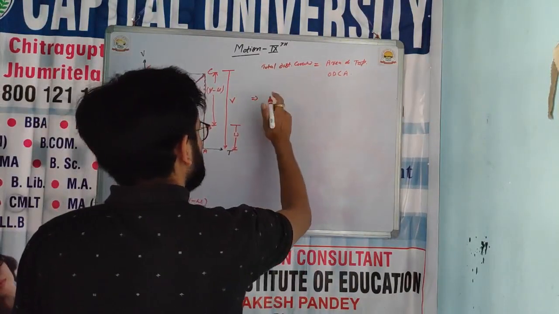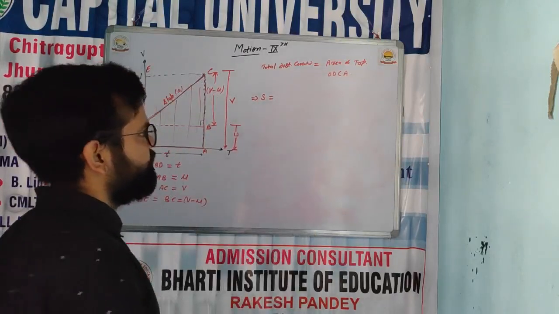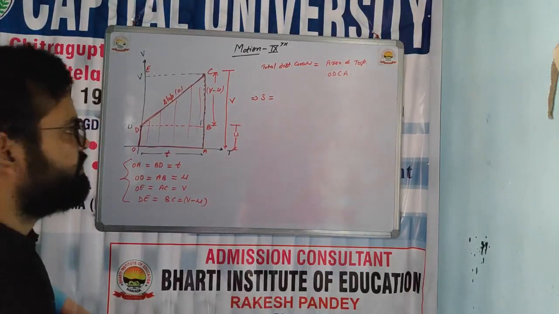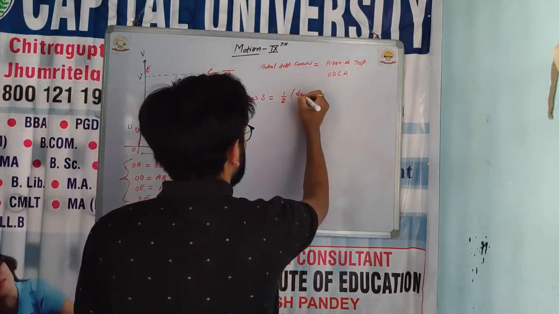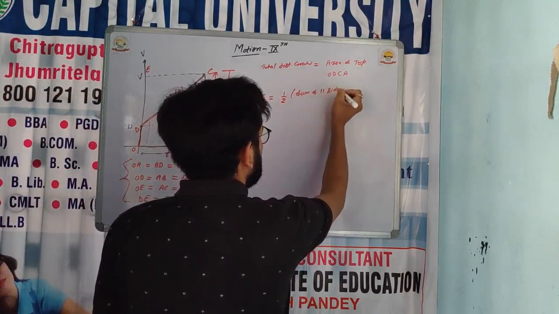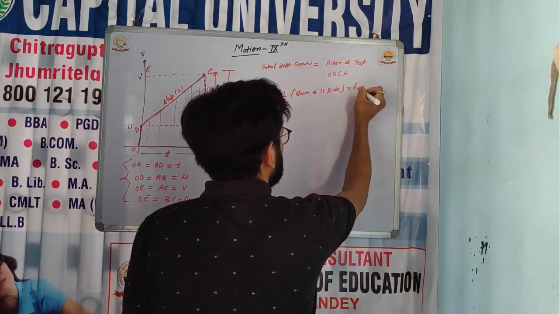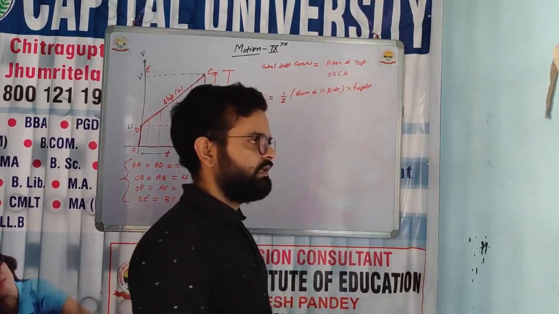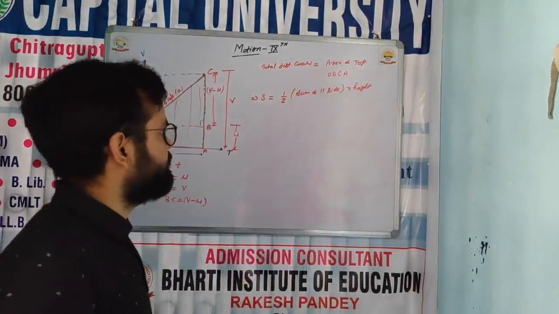So total distance represented by capital S, the area of trapezium, is half into the sum of parallel sides into height, or we can say the distance between two parallel sides.